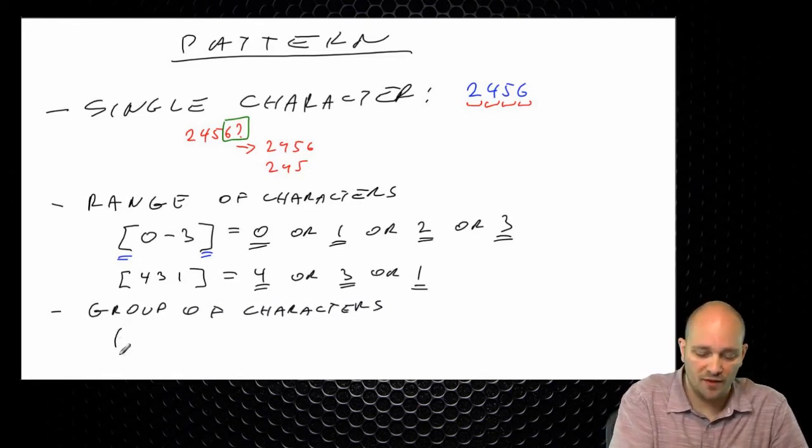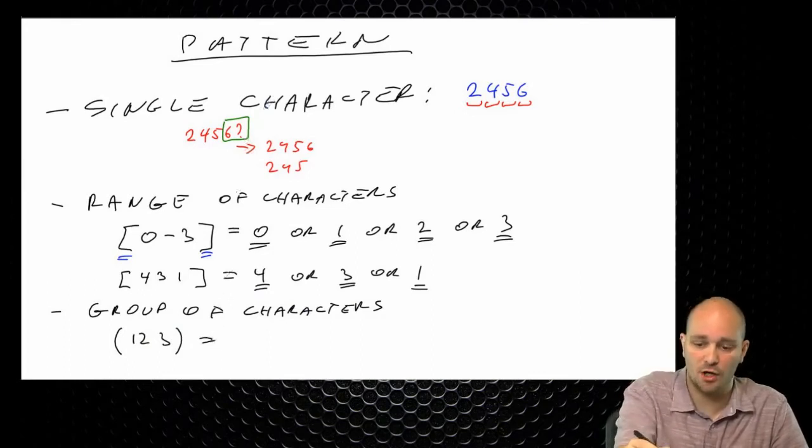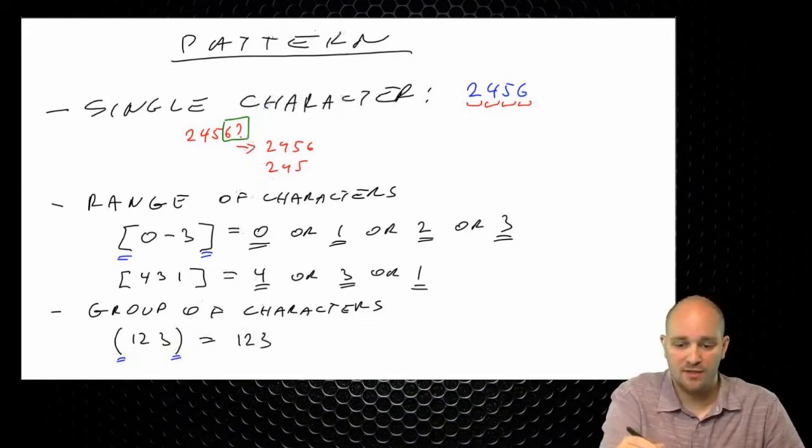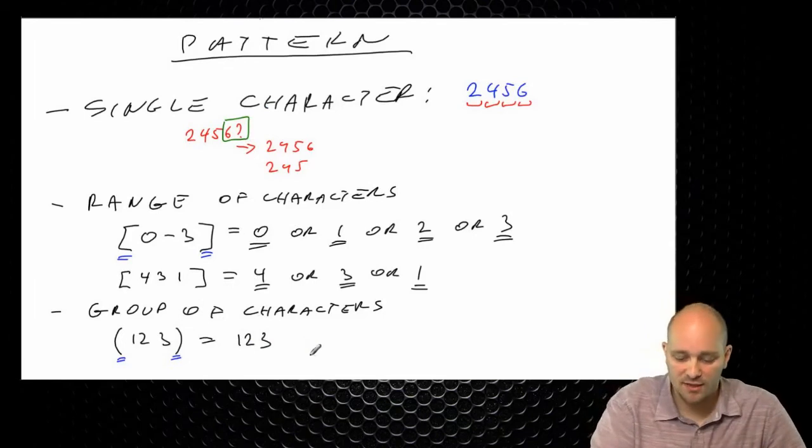So you can use parentheses, for example, to say 1, 2, 3. The parentheses are the important bit here. This would be the equivalent of matching 1, 2, 3. So for example, when you use parentheses, you can say something like 1, 2, 3 space may or may not appear.